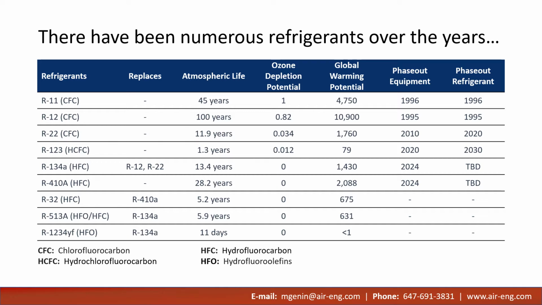We moved on to R22, R123, which were an improvement, but these too have been phased out due to their ozone depletion potential. We moved on then again to 134A and 410A, and we realized that these are greenhouse gas products and they contribute to climate change. So we are currently in the process of phasing out these refrigerants as well.